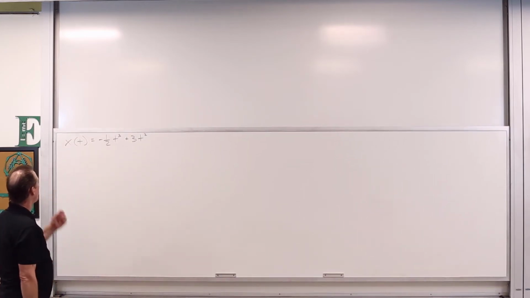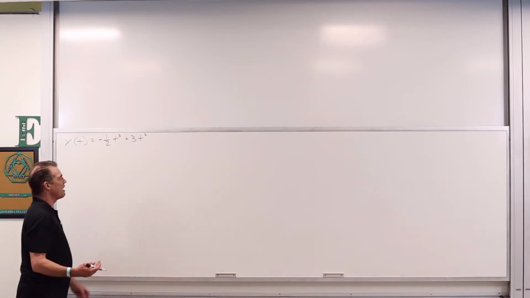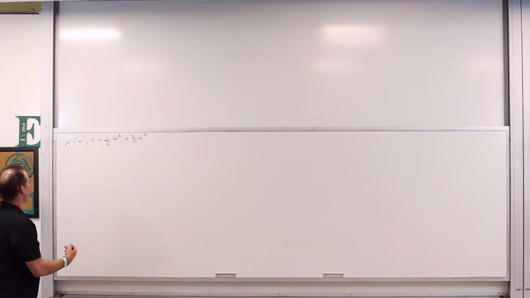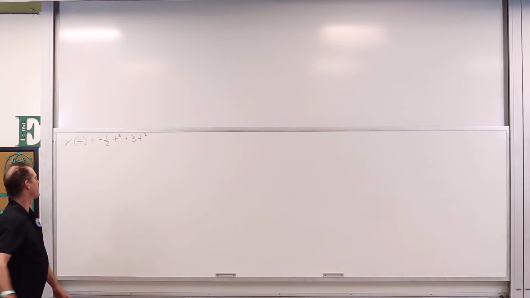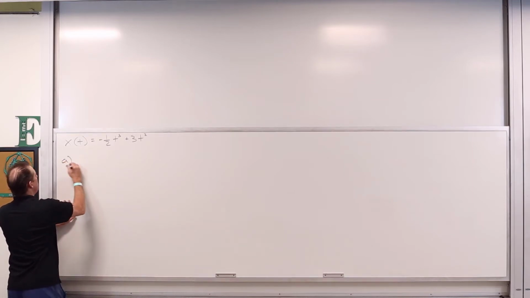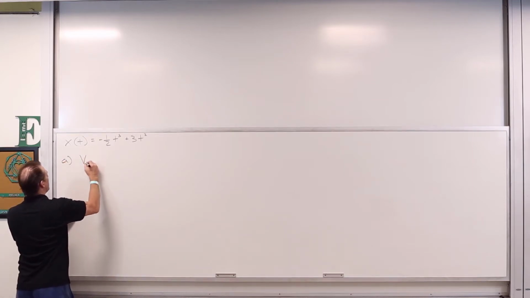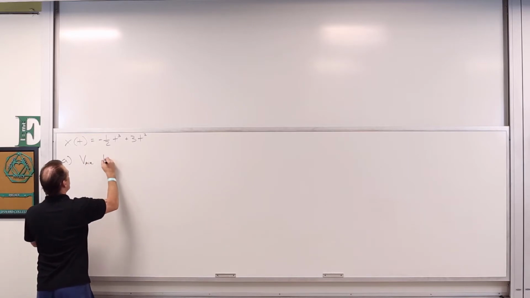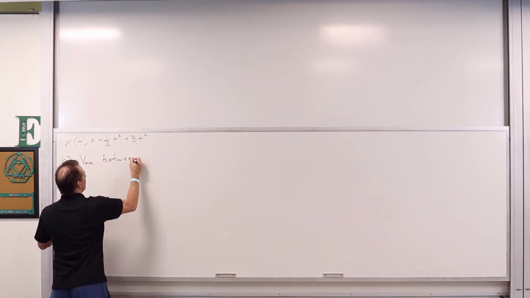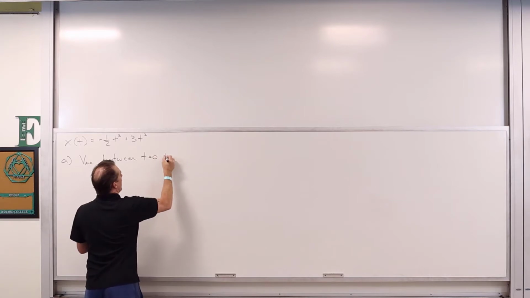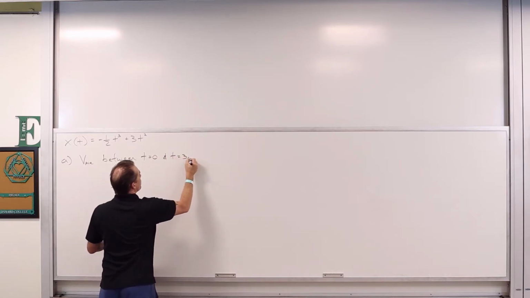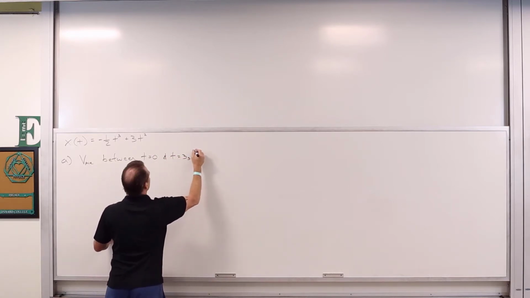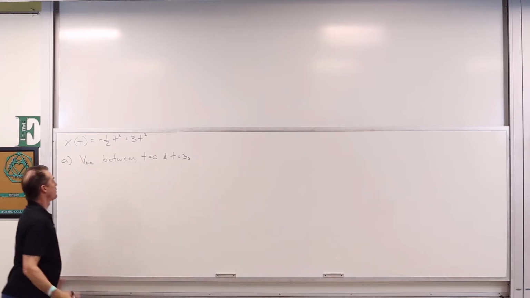So what do we want to do with this? First off, we want to know what is the average velocity between t equals 0 and t equals 3 seconds. So part A, we want the average between t equals 0 and t equals 3 seconds. What do we need?